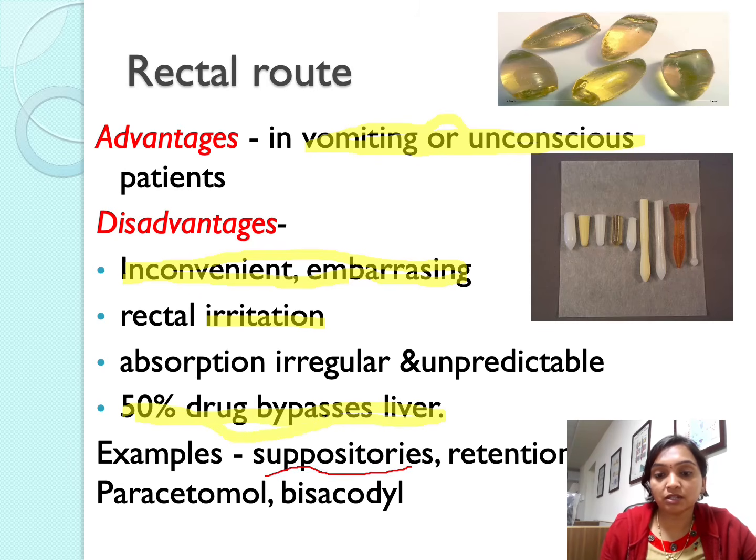These are the suppositories. Retention enema, which we do in case of all the patients who are undergoing surgeries to evacuate the colon. And paracetamol suppository, I said, this is used in case of febrile convulsions in kids, and bisacodyl in case of severe constipation.